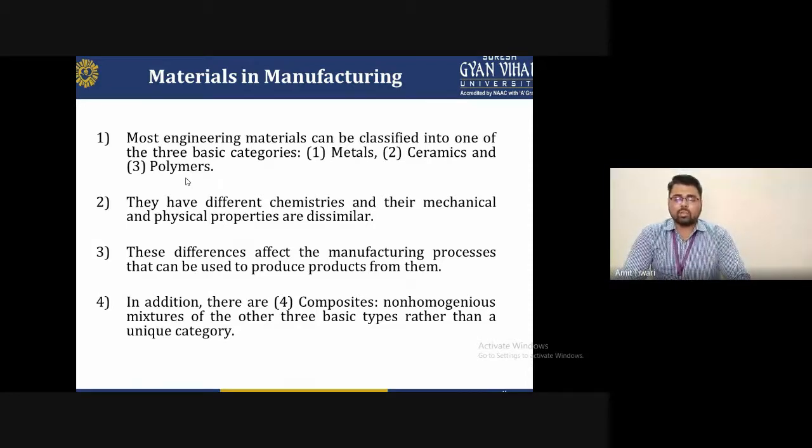And in addition there is a fourth, the composite material, which is used nowadays in industry. Every industry, including the automobile industry, manufactures composite material products, because a single alloy is not sufficient to give good machinability, or we can say good mechanical properties.